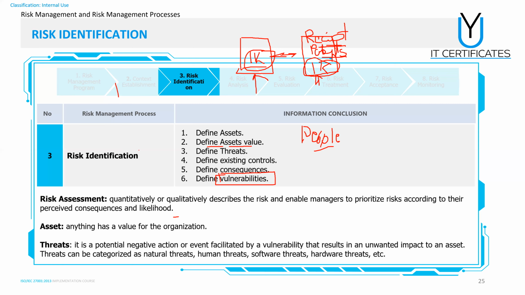Then you have to understand the consequences, or in other words, what we call impact. What is the impact? Now we define the asset and we define the vulnerabilities. Then what will happen if I have an asset and this asset has a vulnerability? I know that it has a vulnerability. I define it in my assessment.